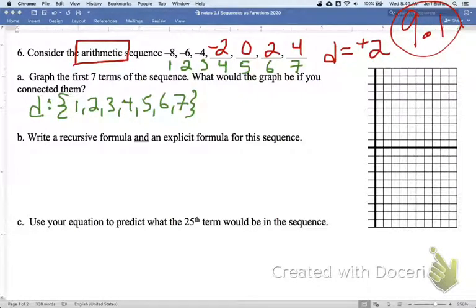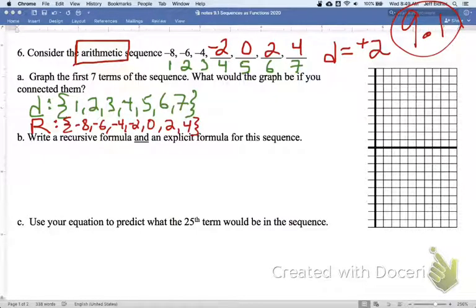And then our range would be -8, -6, -4, -2, 0, 2, 4.